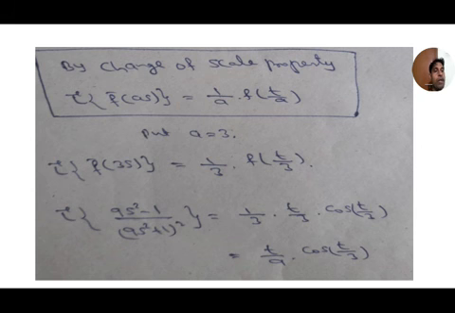The change of scale property is used to find the inverse Laplace transform of f bar of as, that is L inverse of f bar of as is equal to 1 by a into f of t by a. And we did some problems on both the second shifting theorem and the change of scale property.